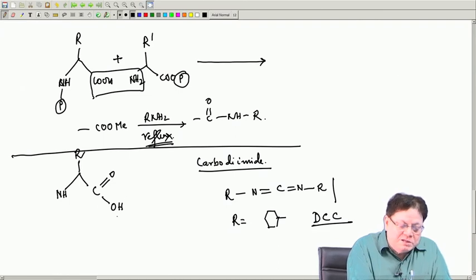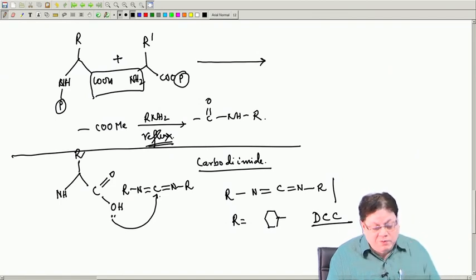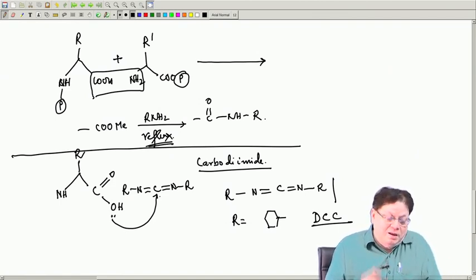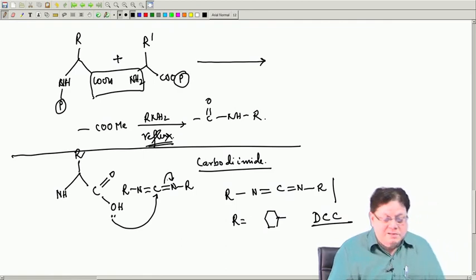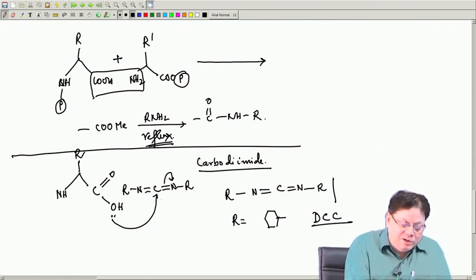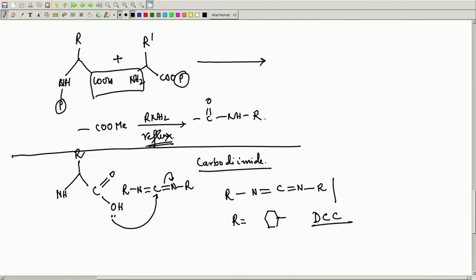So, what happens first, this OH reacts with DCC. Okay. So, what is DCC? Again C double bond N, C double bond N, we will just write here R and R. So, this oxygen reacts with the carbon. The carbon is highly electrophilic because it is flanked by these two imine nitrogens, and one of the nitrogens takes up the electrons, and then subsequently that will take up the proton that is available, because it will release the proton, which will go to the nitrogen.